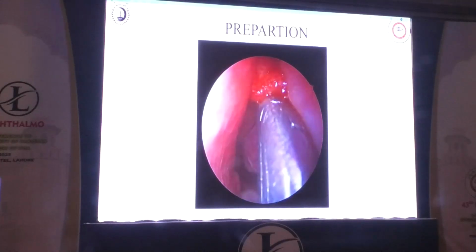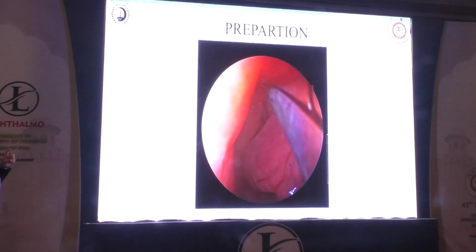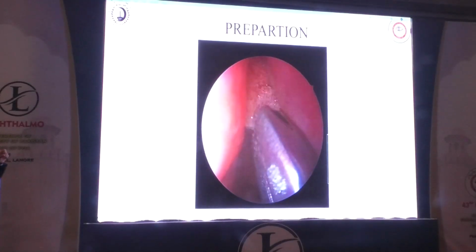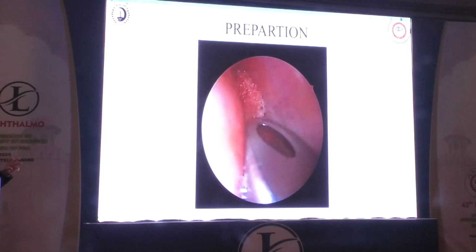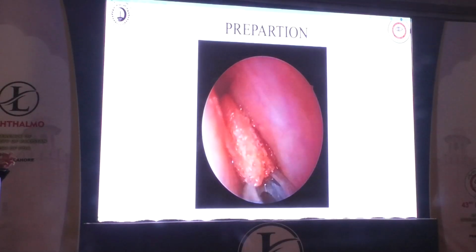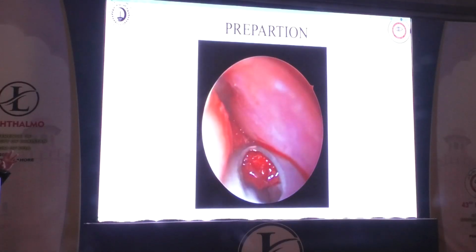I put this pack at the targeted site of the lacrimal region and rub it on the mucosa, so the affected mucosa is decongested and shrinks. This 20 minutes of preparation is extremely helpful for the further steps.